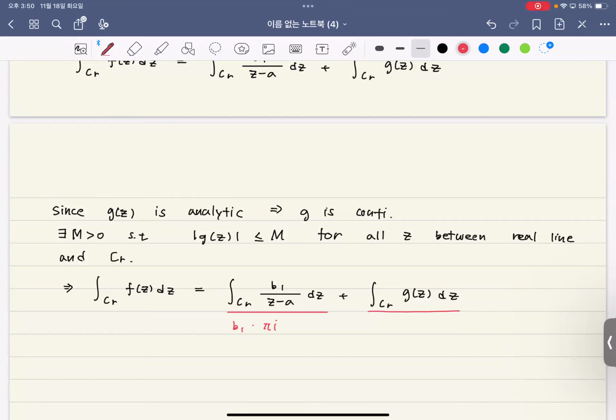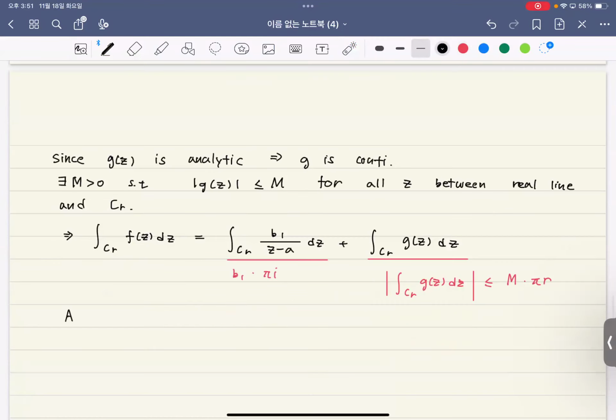And for this one, I want to consider the modulus. So this is the integral over C_R of g of z dz. And here again, using the ML inequality, the integrand is bounded by M, and the length of the curve is pi times R. So as R tends to 0, the modulus of this integral tends to 0. Therefore, this number also tends to 0.